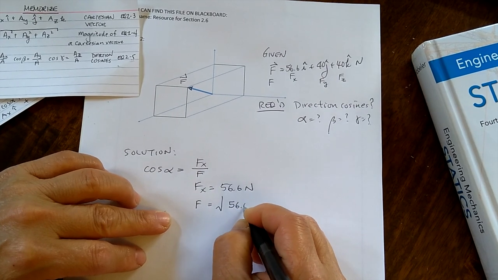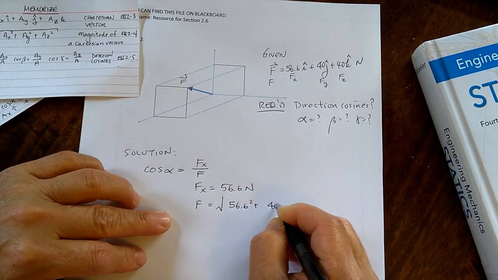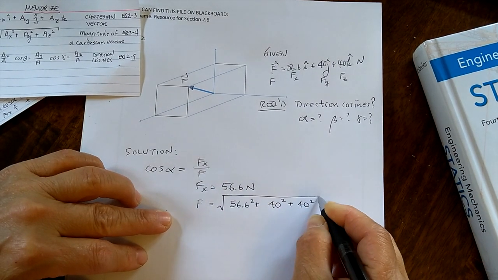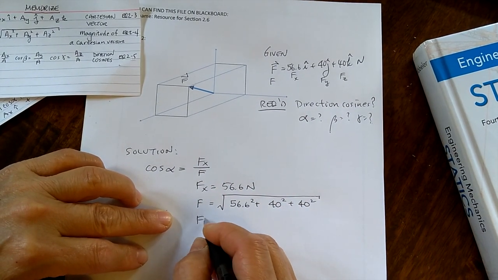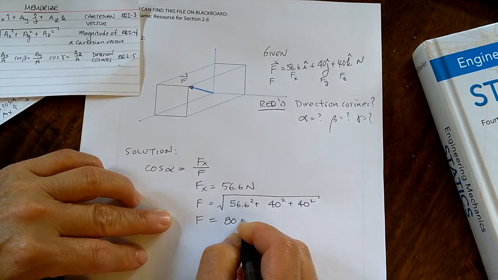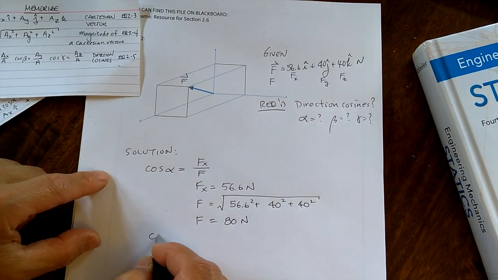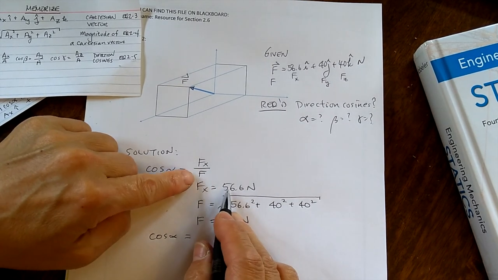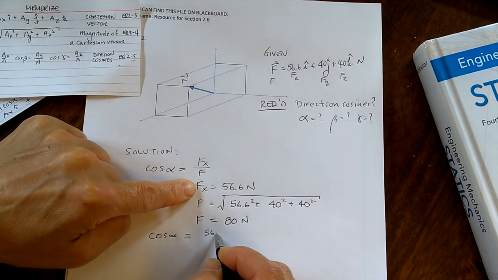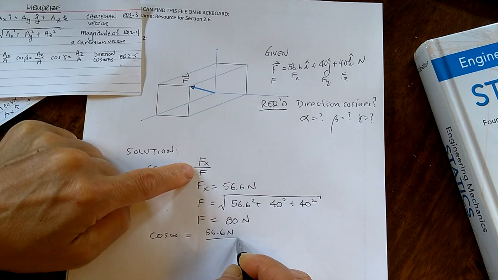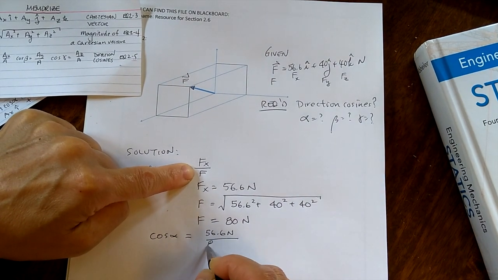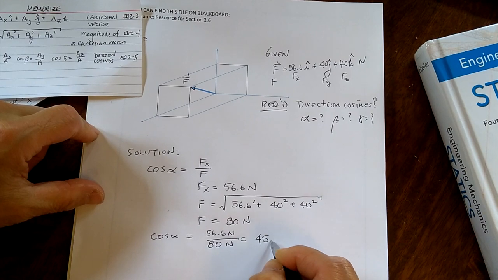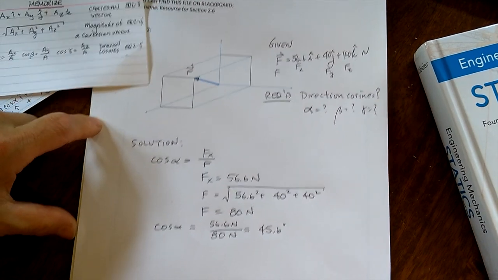And we find that by squaring each term and adding them all together. And that turns out to be 80 newtons. So cosine alpha turns out to be Fx, which is 56.6 newtons, divided by F, which is 80 newtons. And I get that alpha is 45.6 degrees.